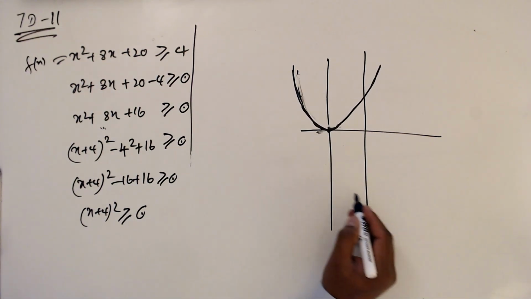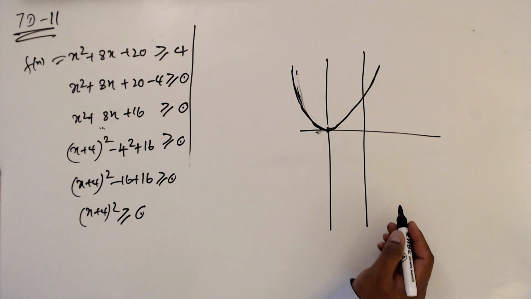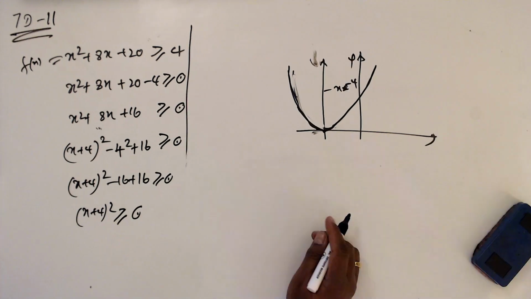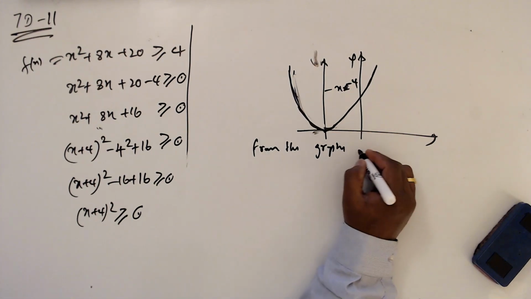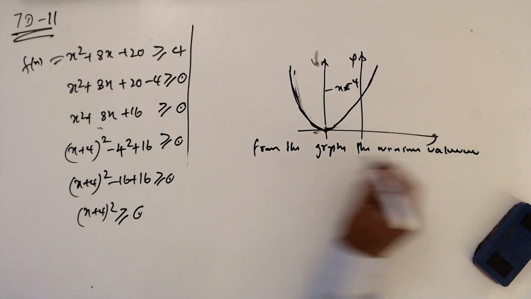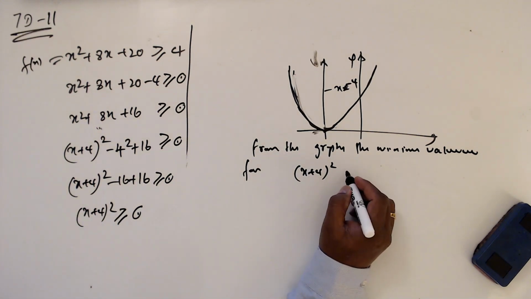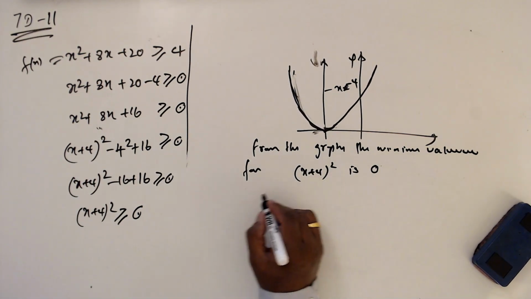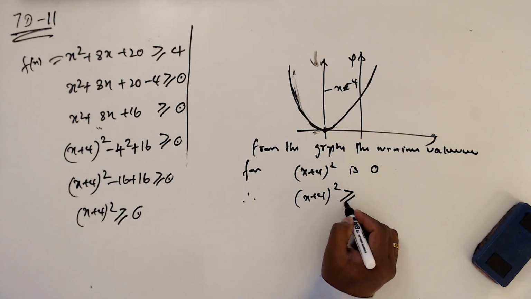So you can write from the graph, you can tell the minimum value for (x plus 4) square is 0. It means (x plus 4) square greater than or equal to 0.